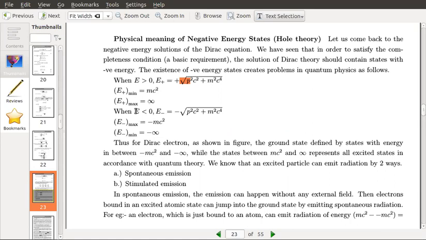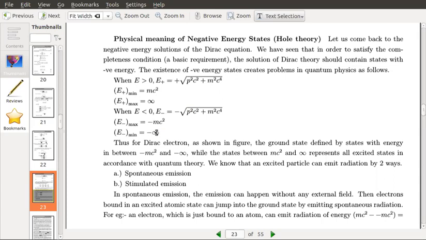Okay. Now for the negative energy stage, E less than 0, E minus equals the negative sign. So what is the maximum value of this quantity? Again it is at P equal to 0. Then E minus maximum equals minus mc square, and the minimum value is minus infinity.